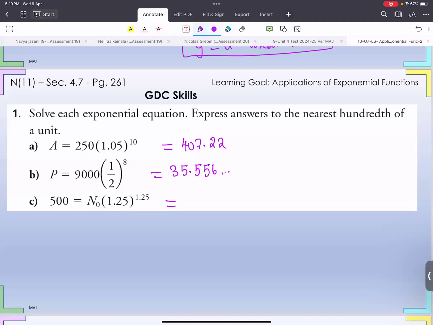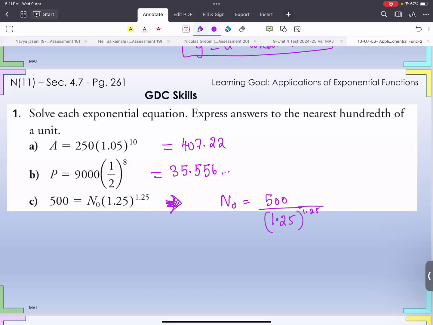Well, what do we do with this? We're solving the exponential equation, so we have to first rearrange this equation. How do you rearrange this equation? We want to get n naught by itself. So basically, you're going to write n naught is equal to 500 divided by 1.25 to the power of 0.25.